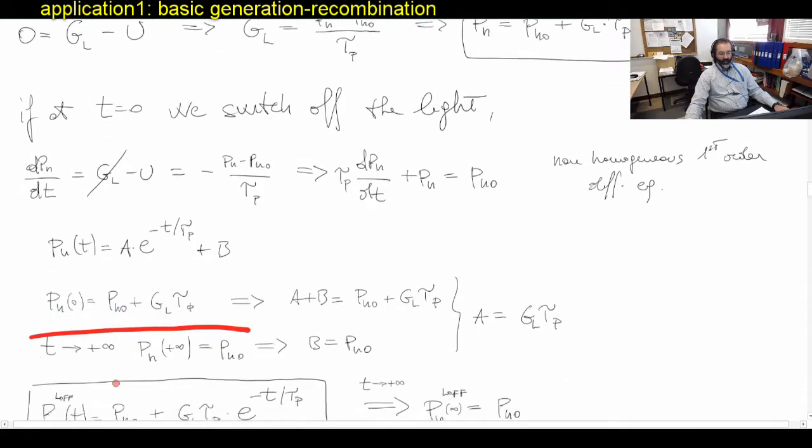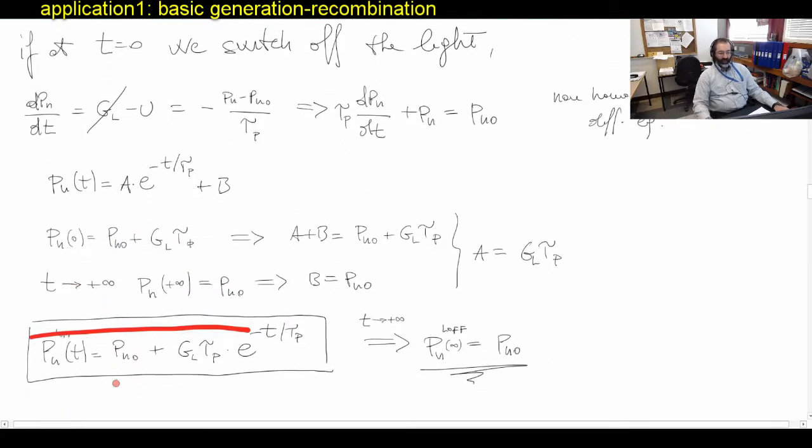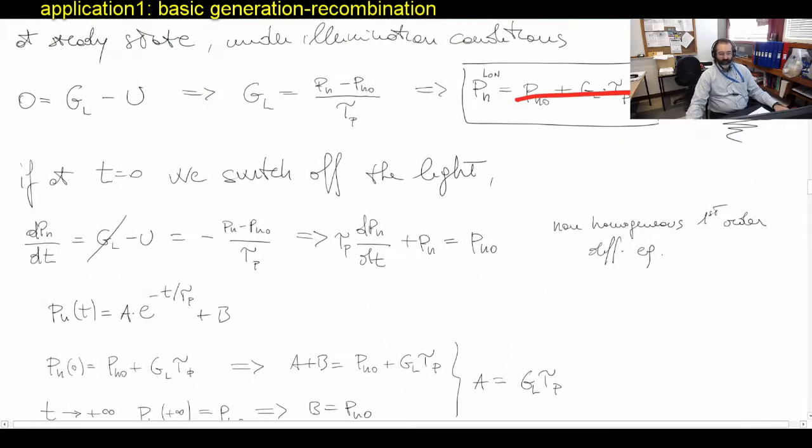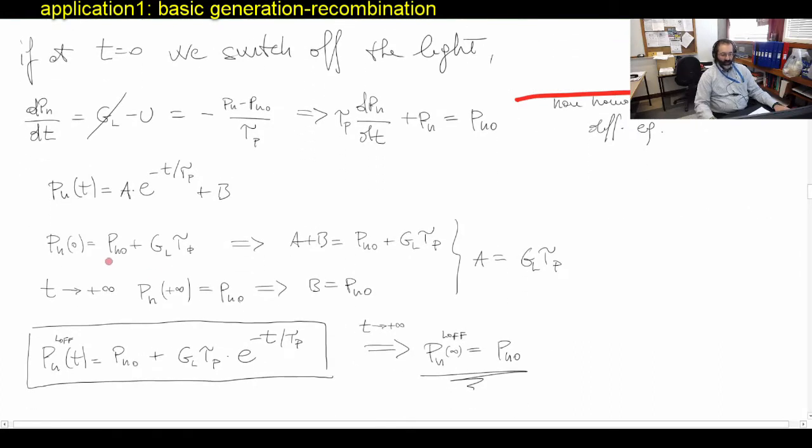And if we impose, for example, that Pn at t equals 0 must be equal to Pn when the light was on, which was this value. So when t is equal 0, Pn must be equal to this first condition, and so this drives to this condition here.